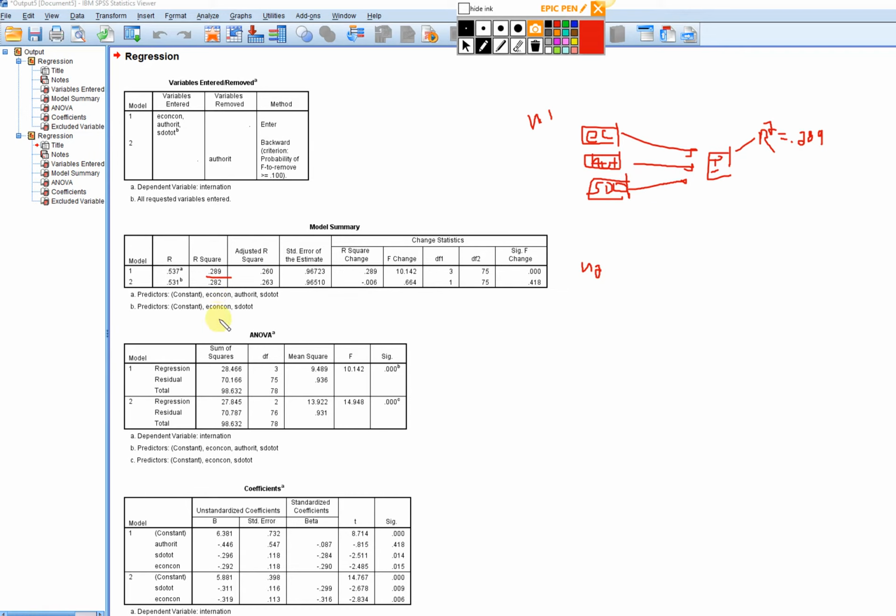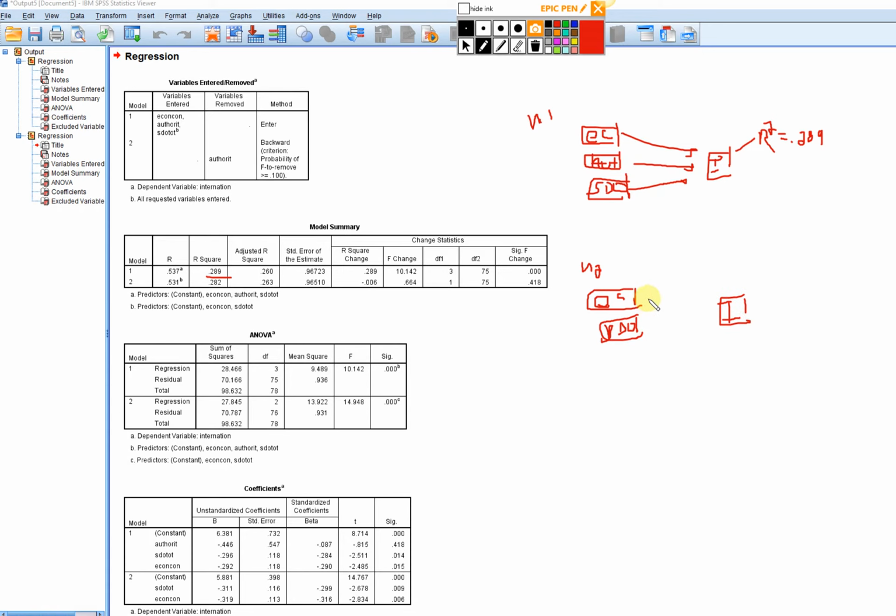In this case right here, we can see that we prune out authoritarianism, whereas SDO is still in there. So we have just economic conservatism and SDO as lone predictors of internationalist attitudes.